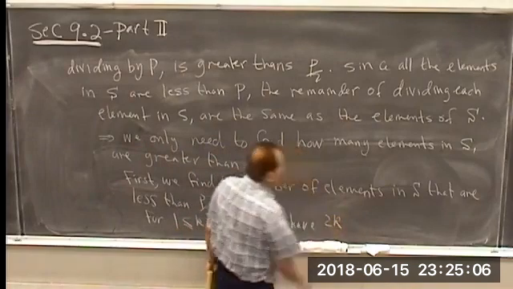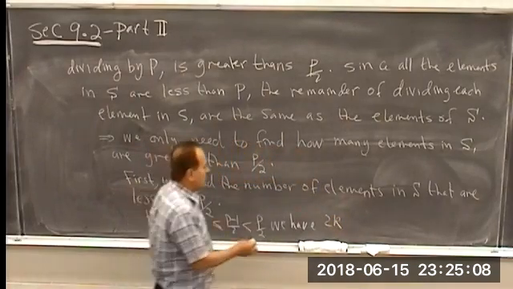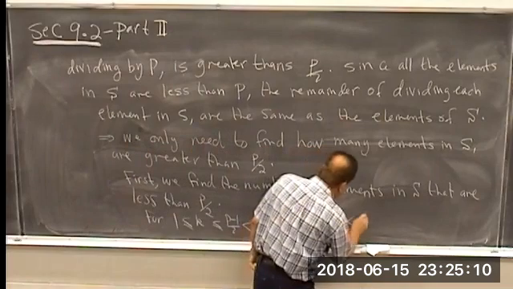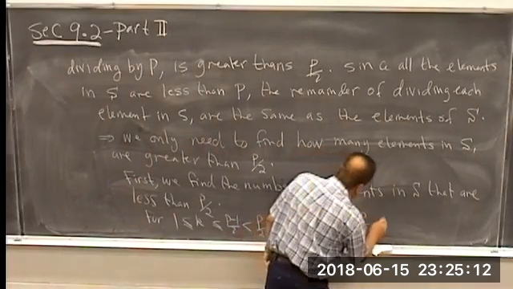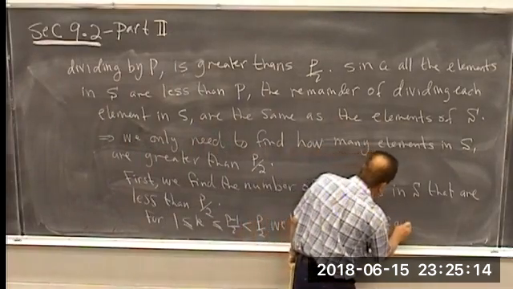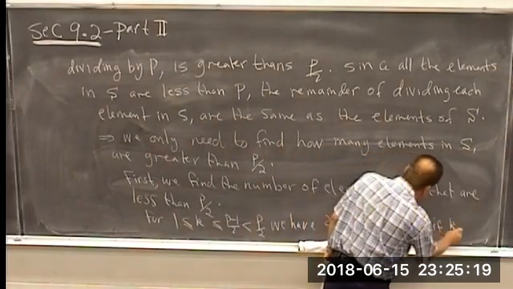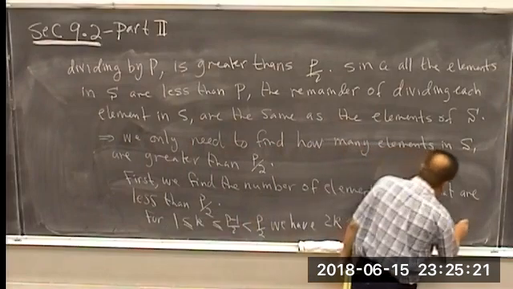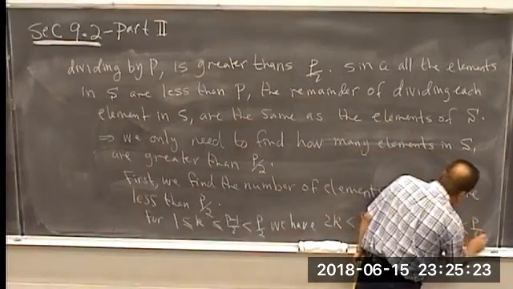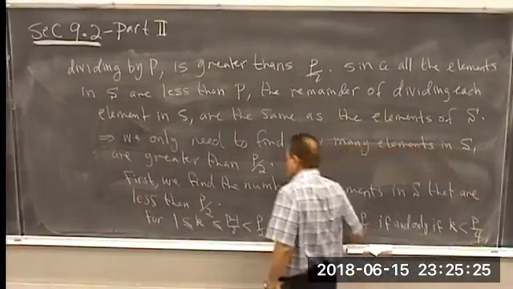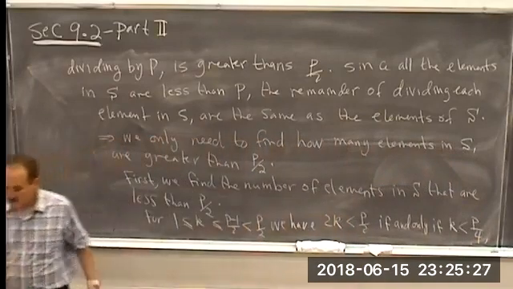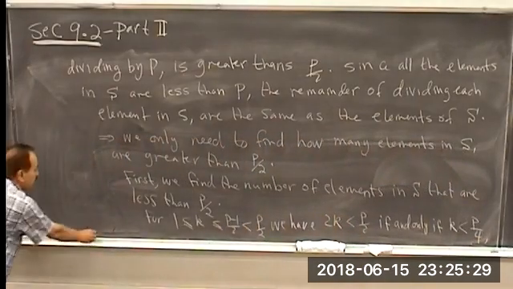Because a multiple of 2 is going to be less than p over 2 if and only if k itself is less than p over 4. So this one is going to be less than p over 4.